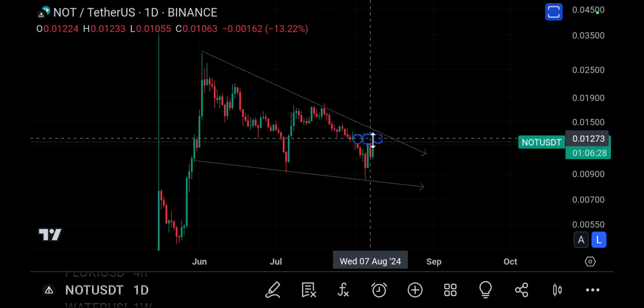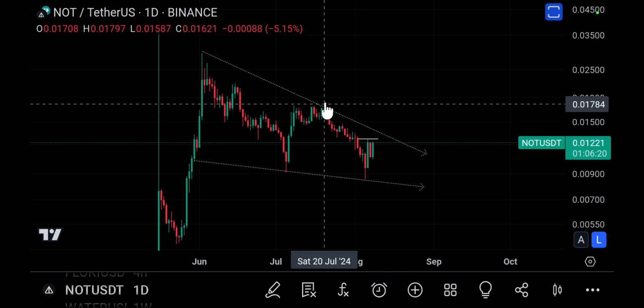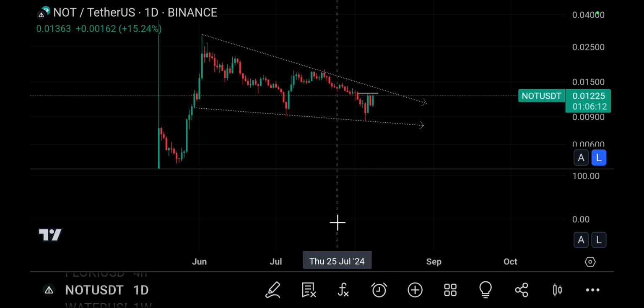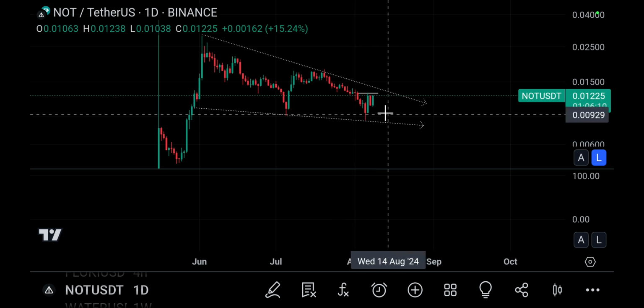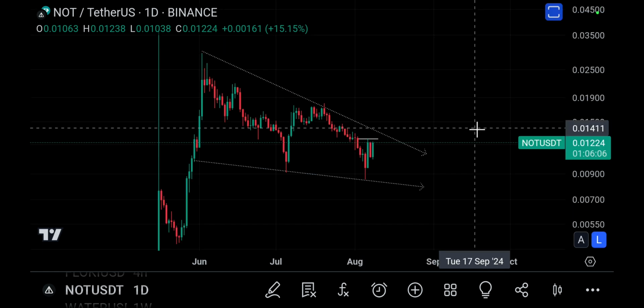If this breaks to the upside and price stops at this down sloping resistance, you will likely get a bearish divergence: price sloping downward and the RSI sloping upward because of this push. That gives you a bearish divergence, indicating that price will likely reverse.